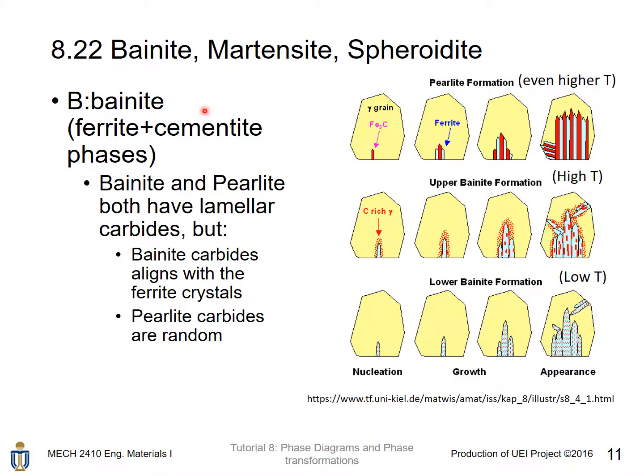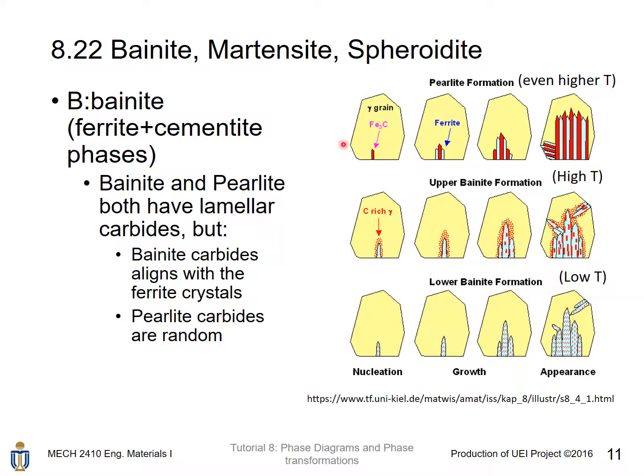Bainite is also ferrite plus cementite phases. And they are both lamellar carbides for bainite and pearlite. However, for bainite, the carbides will align with the ferrite crystal. But for pearlite, the carbides are randomly aligned.